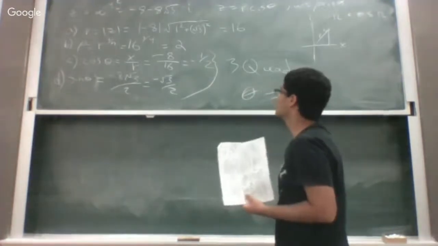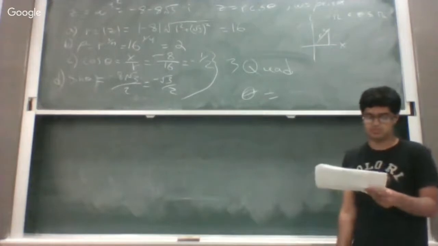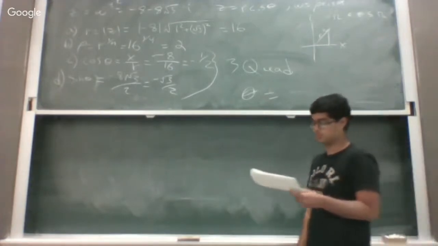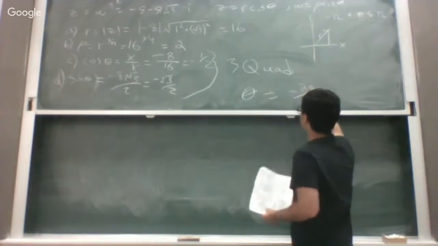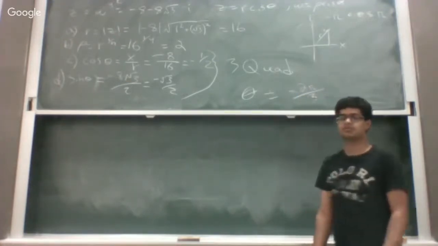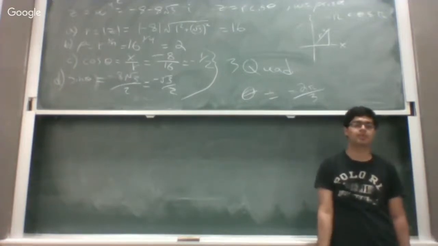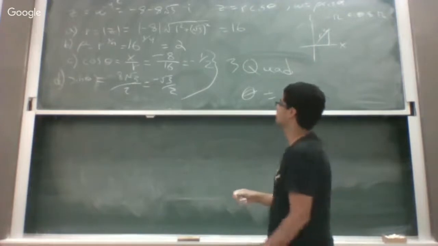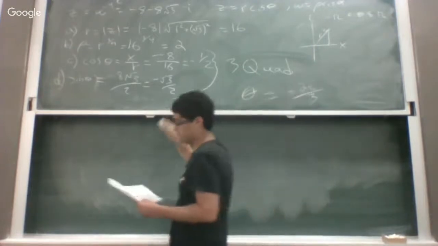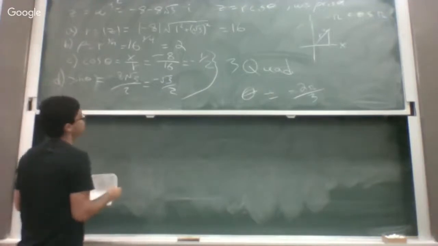Where does cosine equal negative 1/2 or sine equal negative square root of 3 over 2? Negative 2 pi over 3. That's knowing your unit circle, where cosine equals negative 1/2 and sine equals negative square root of 3 over 2.